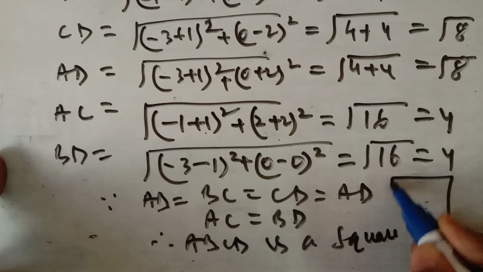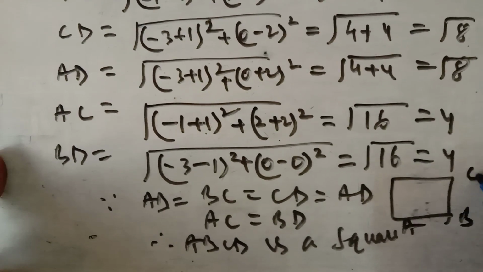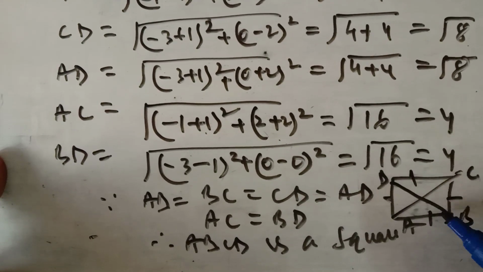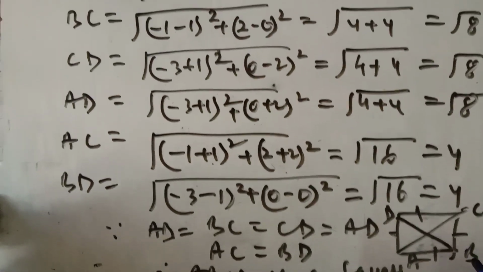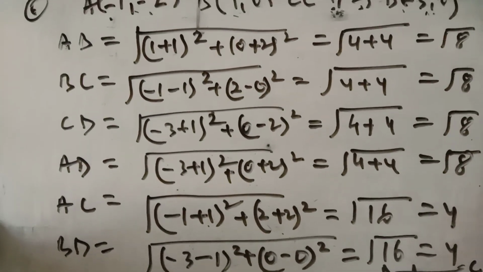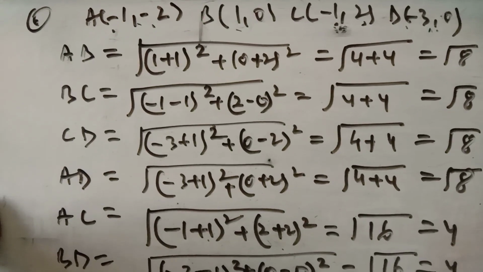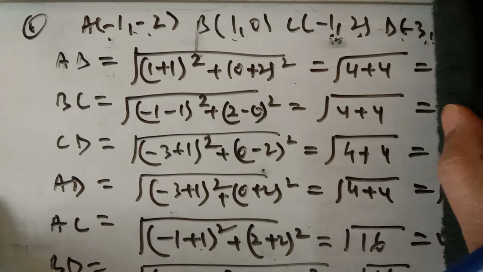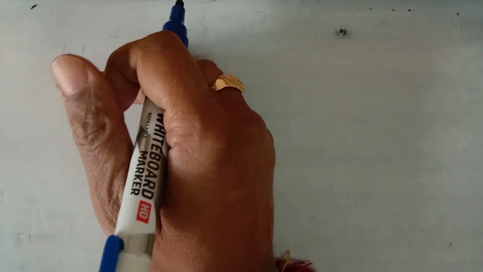In a quadrilateral, if all sides are equal and the diagonals are also equal, then it is a square. Now if all the sides are equal and the diagonals are not equal, then the quadrilateral is a rhombus. You know it when all sides are equal and the diagonals are not equal to each other.